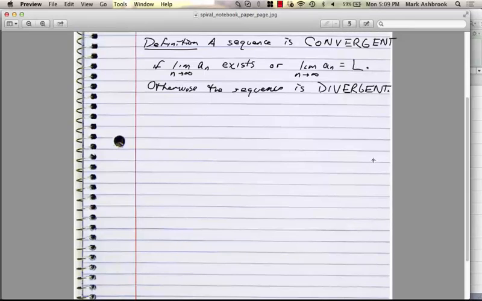And again, to determine the limits of these sequences, we're going to look at the limit of the corresponding function. It's like one and the same, right? We look at the limit of the parallel function, or the function that's just like it. And so basically that's the theorem here. So theorem. Let n be a natural number.